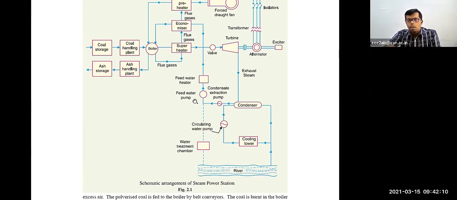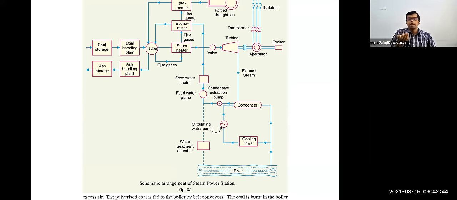Sometimes they will check the pH value of the water here. If the pH value is decreasing or increasing like anything, they will give that same water to the water treatment plant. In the water treatment plant, the water is oxygenated, and scale formation and impurities from the boiler will be there.